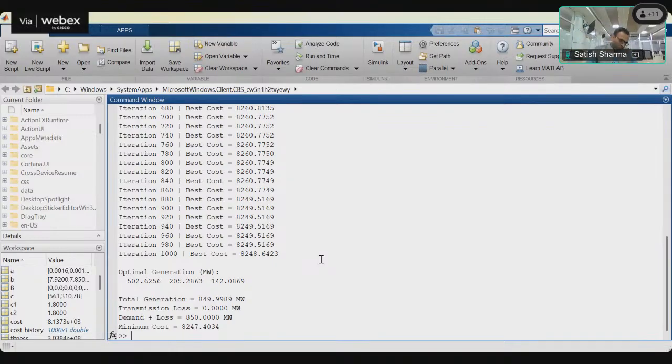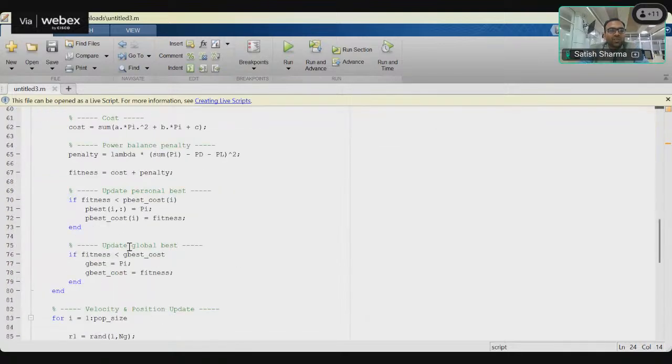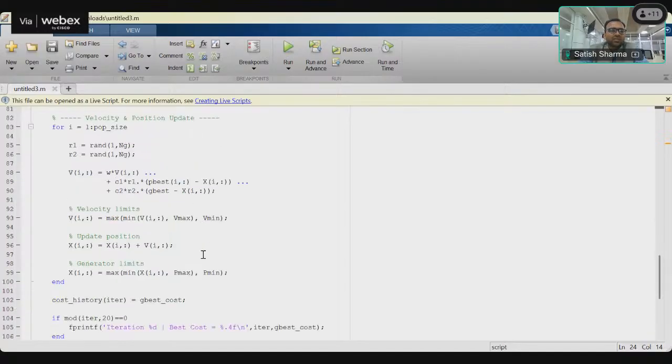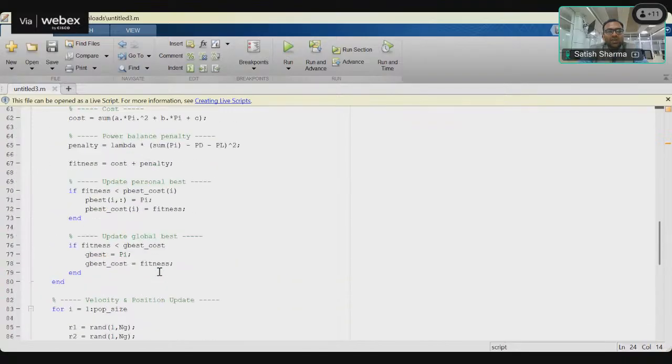Okay, so the point is, we are randomly initializing certain values of P1, P2, P3 in this particular part, and based upon that we are solving this problem using this code. So maybe there is a mistake in the code. I have not explored it, but the solution which we are getting is always different and random.